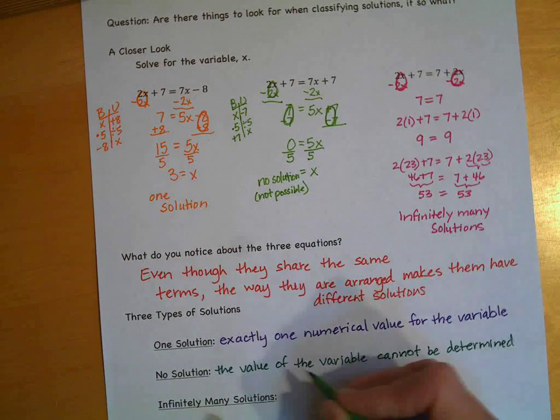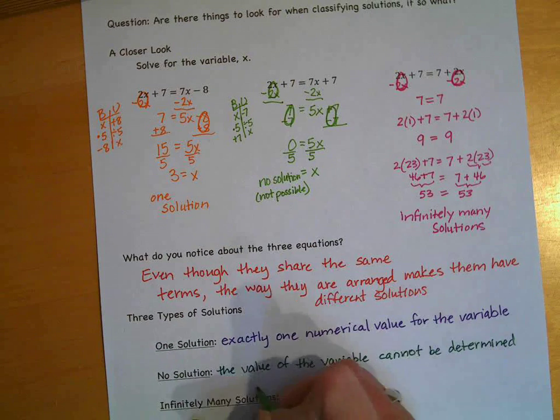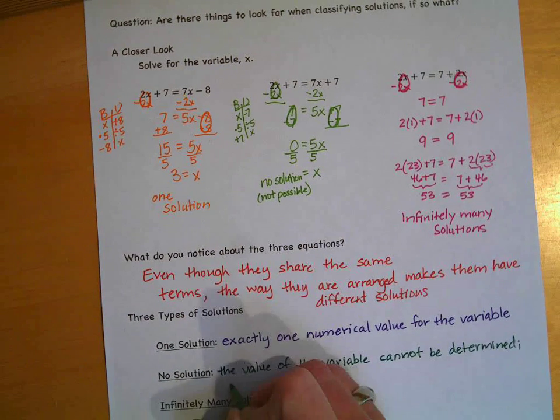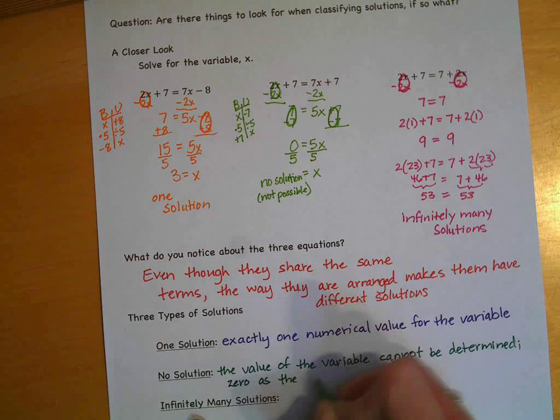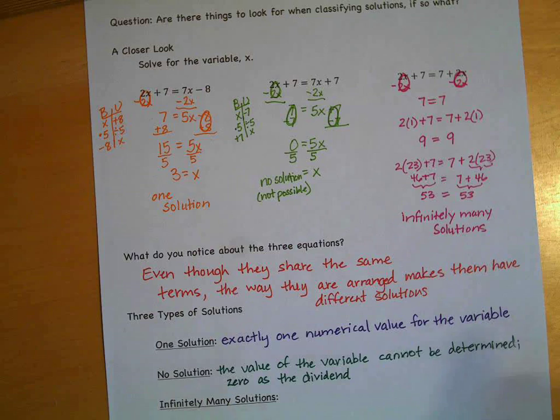For example, 0 as the dividend. I'm going to write that down. 0 as the dividend. As long as 0 is the dividend, you will never find a solution, okay?